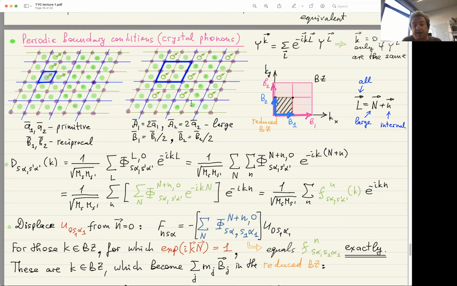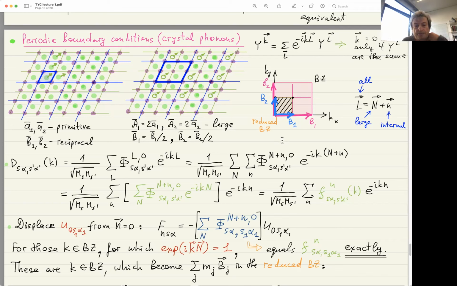For example, in this case, this sum over n would contain only 4 terms: n equals 0, then n corresponding to this translation, n corresponding to this translation, and then corresponding to this diagonal translation. So it will be a finite number of terms. But L will be a sum of capital N and a small n.